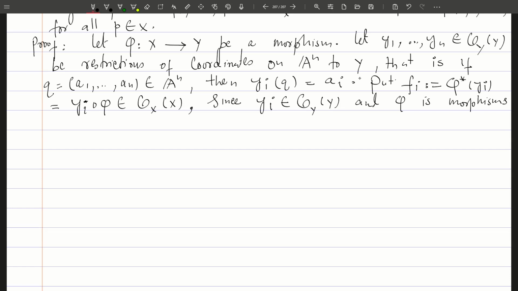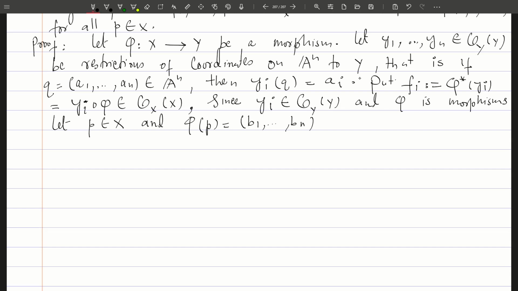Now let us consider some point p in x. We have to show that phi is given by an n-tuple of regular functions. Note that these fi's are regular functions. Let p be any point in x, and suppose phi of p, which is some point in A^n, is equal to (b1, up to bn).